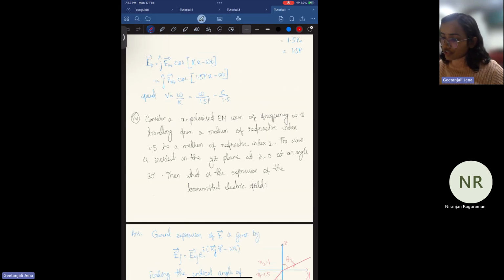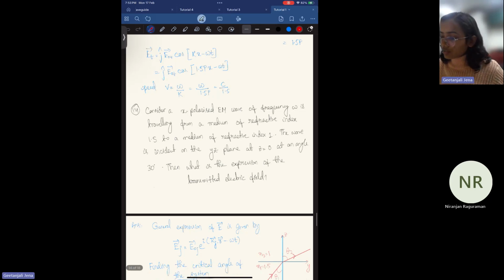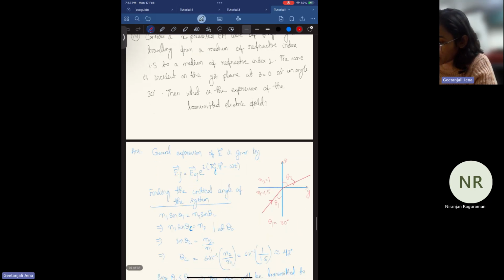Is this the question you are talking about? 14? Okay. So consider an electromagnetic wave of frequency omega traveling from a medium of refractive index 1.5 to a medium of refractive index 1. The wave is incident on the interface plane. It's vertical. So then what is the expression for the transmitted field?